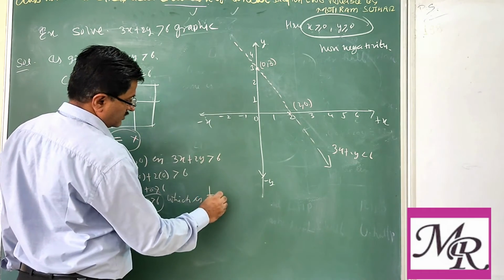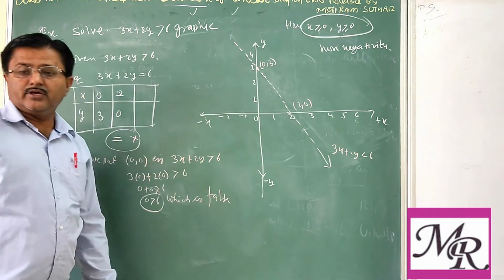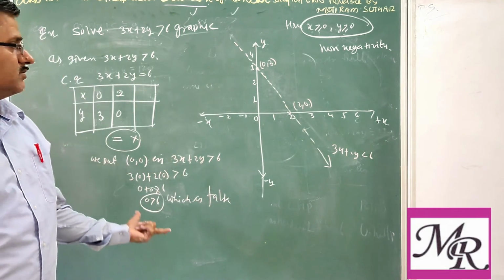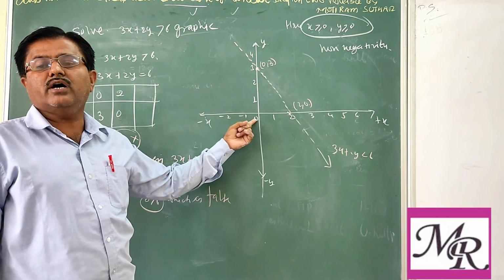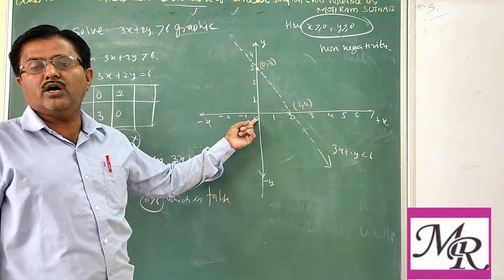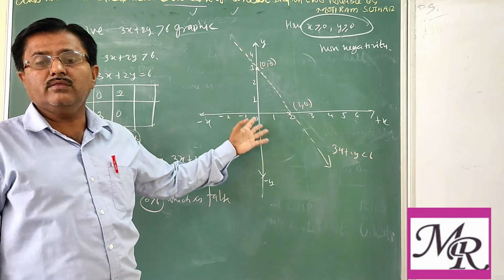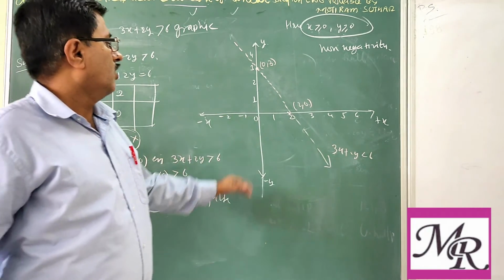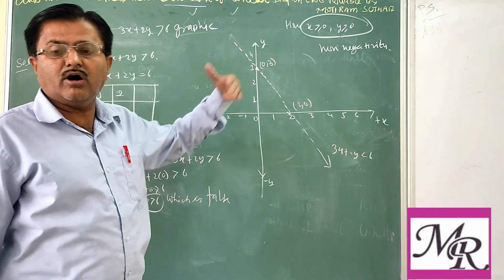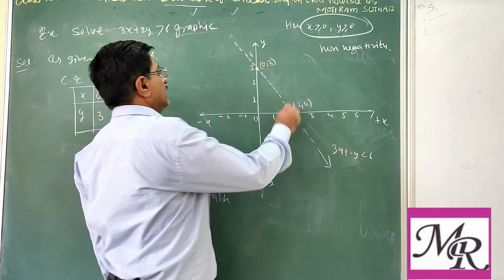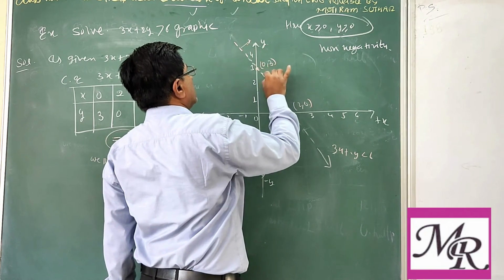Not true means what? This point, the origin, is not in the solution region. The solution region of this inequality is not on this side; it will be on the other side of the line. So the solution will be toward this side.